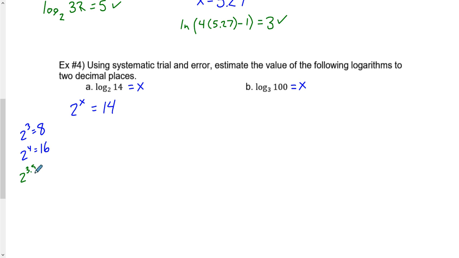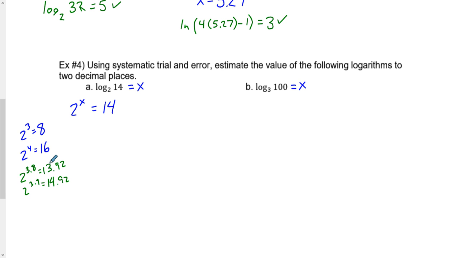So it'd have to be somewhere between 3.8 and 3.9. I'm going to go on the lower end because I want to be as close to 14 as possible. So 2 to the power of 3.82. Let's try it. Okay, that's 14.1.